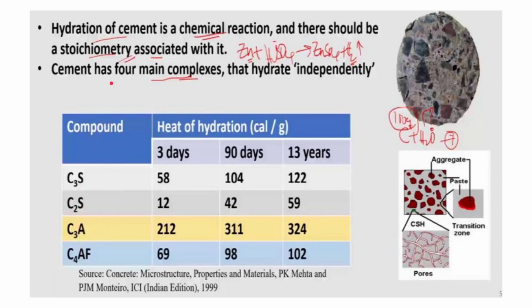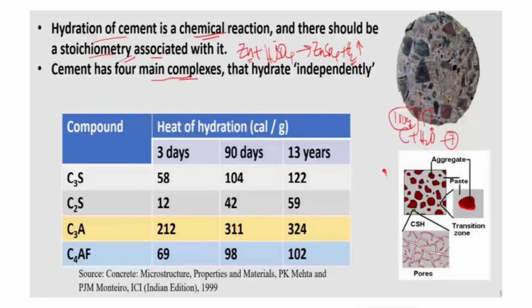It has four main compounds which hydrate independently. The C3S and C2S are basically the strength giving. C3A is basically for flash setting, and C4AF gives some other parameters, soundness and all. C3S basically gives the initial strength, then C2S gives the later strength. If you see, these are the heats of hydration.